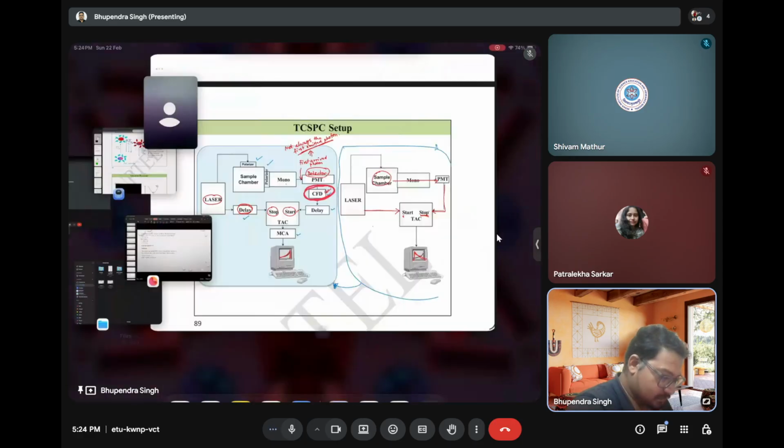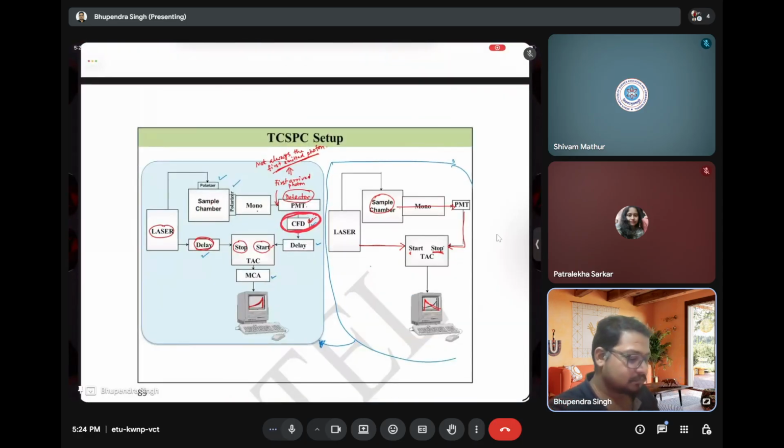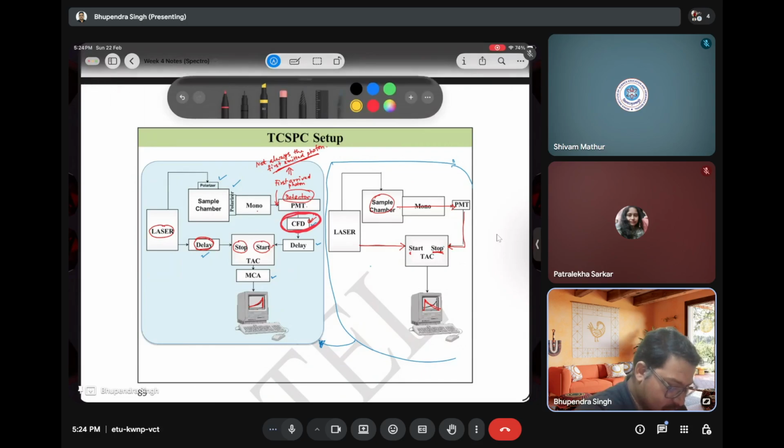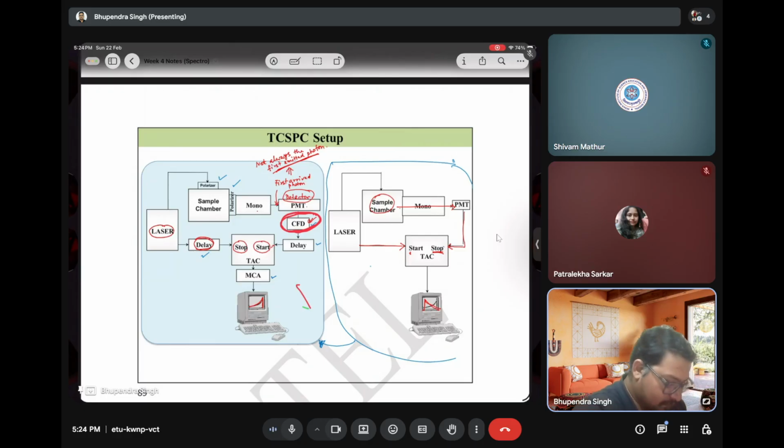I can show you. See here, choose another color, green. So here, in the PMT at this point, you are getting the signal at 0.8 nanosecond.